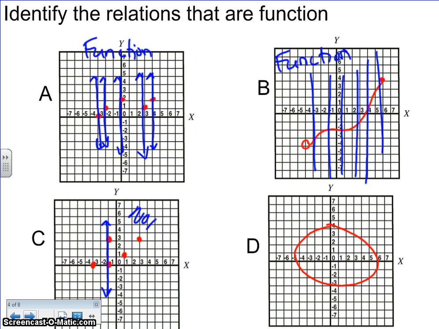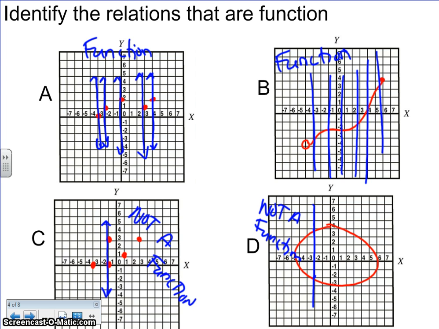So not a function. And in this ellipse over here on the bottom right, there are lots of vertical lines I could draw that would hit it twice. So that one is not a function. If you draw a vertical line and you hit it more than once, then it's not a function.